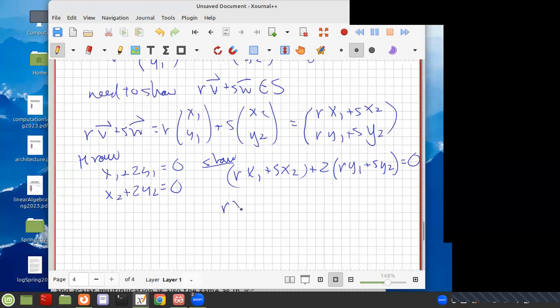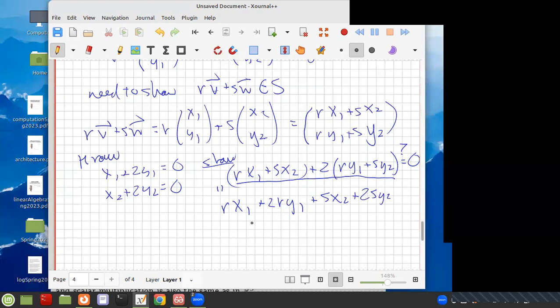So what I'll get is RX1 plus 2RY1 plus SX2 plus 2SY2 equals 0. Well, I have to show that. So I haven't shown that yet. The question is, is this true? Right now I'm just considering this side.